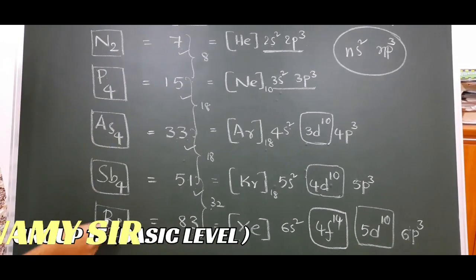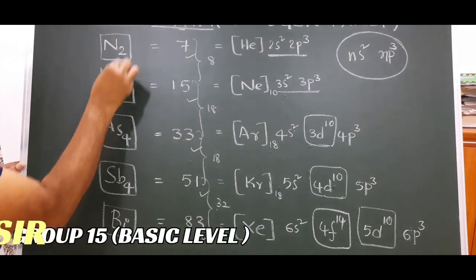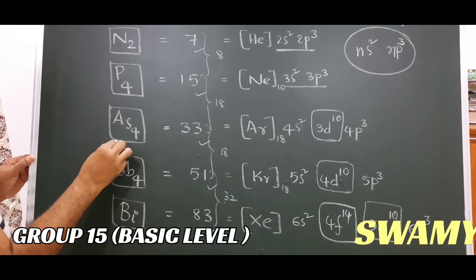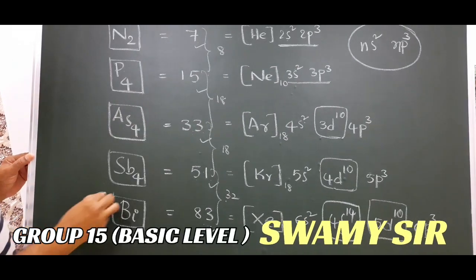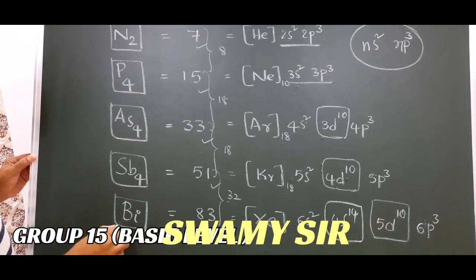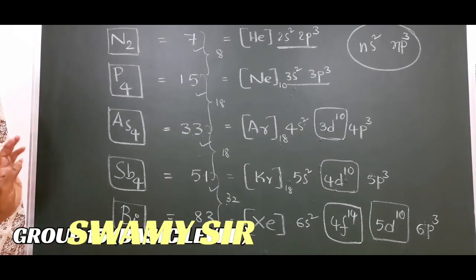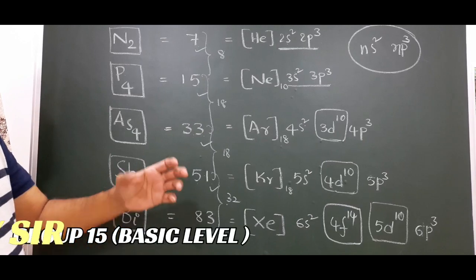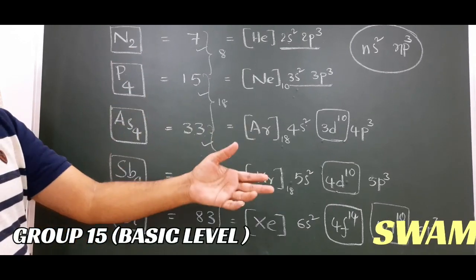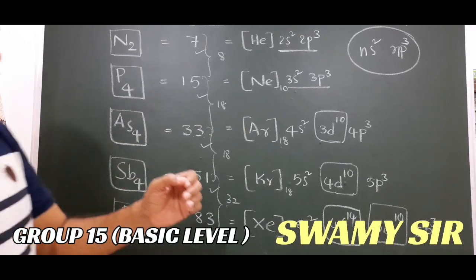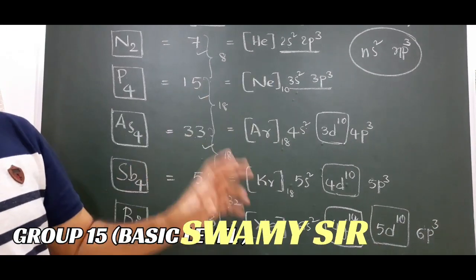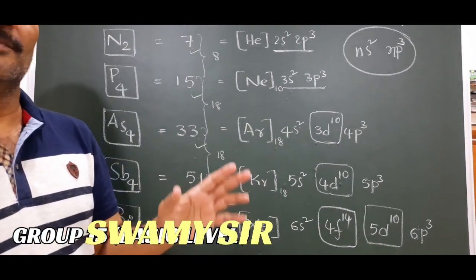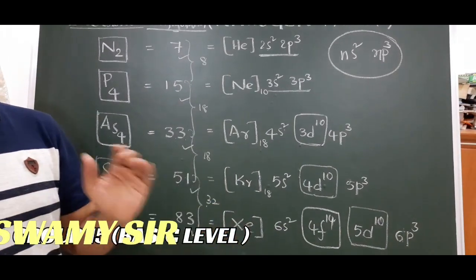Come to these elements. N2 is diatomic, phosphorus is tetraatomic, arsenic is tetraatomic, antimony is tetraatomic, bismuth is monoatomic. Some students have the doubt, what is atomicity, or what is tetraatomic, diatomic. The number of atoms present in a given element or molecule is called atomicity.